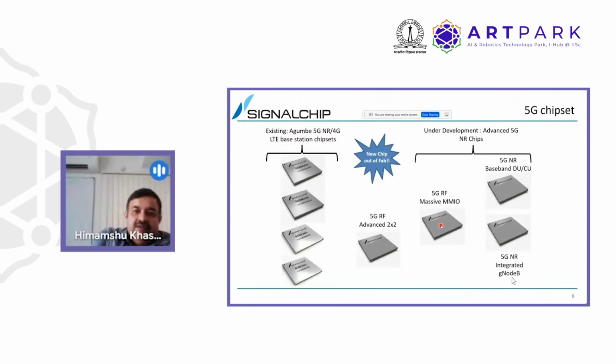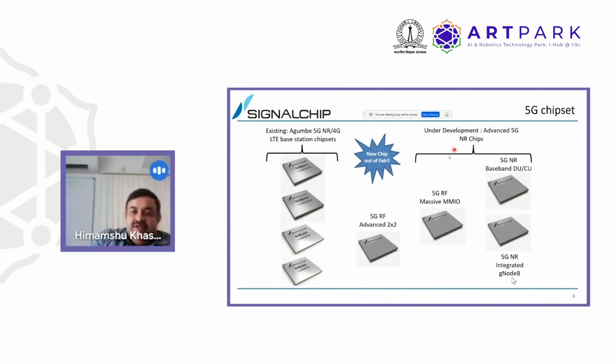Okay. So having these are the 4 chips which I spoke about, what is there on the left side of the screen here. And then we have already taped out an advanced 2x2 RF chip, which is already out of the fab, and we are currently testing this, and this is looking good to go.